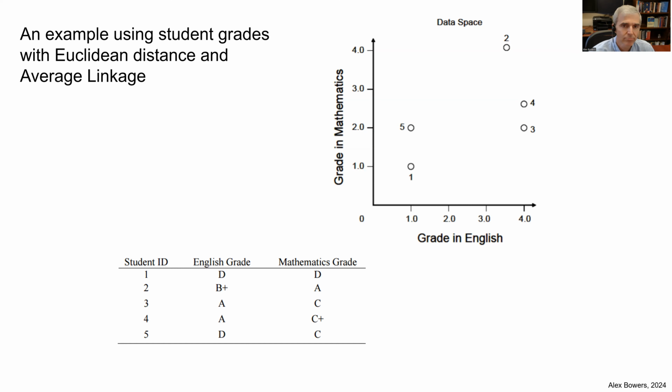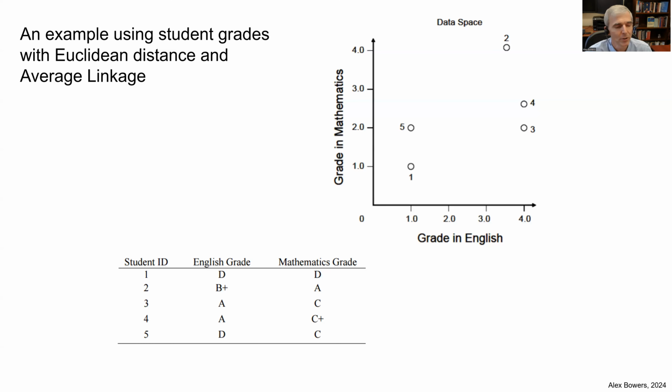This is pretty reasonable data, right? We've got some students getting high grades, others low. Let's see what these clusters look like. We have 2 dimensions of data, English grades and math grades, so let's put English grades on the x-axis and math grades on the y-axis. Now we've got each student in 2 dimensions.